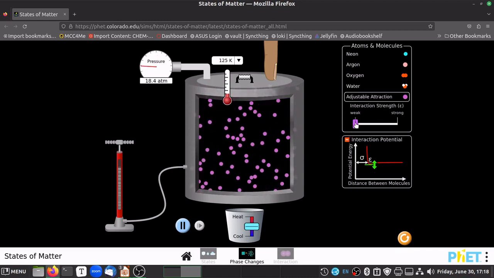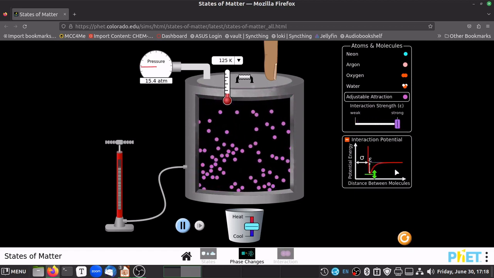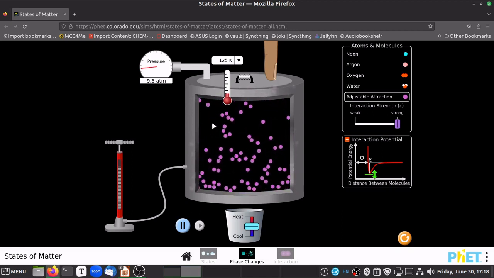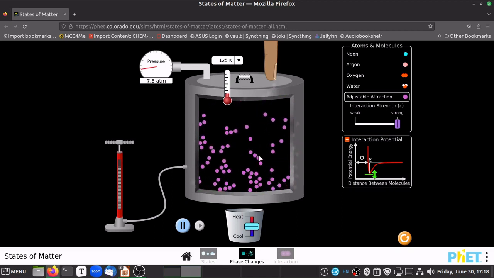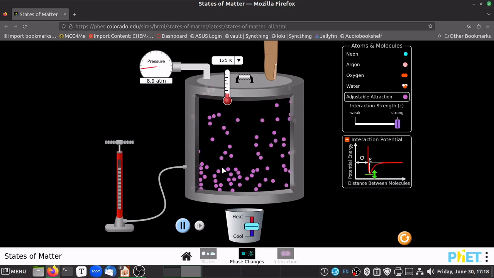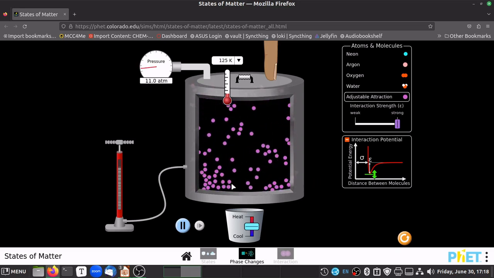Let's see what happens if we increase the interaction strength and see if we can see that stickiness I was talking about before. So now we see that these gas molecules are sticking to each other. They're starting to coalesce into little groups. They're starting to fill back into the bottom of the container.